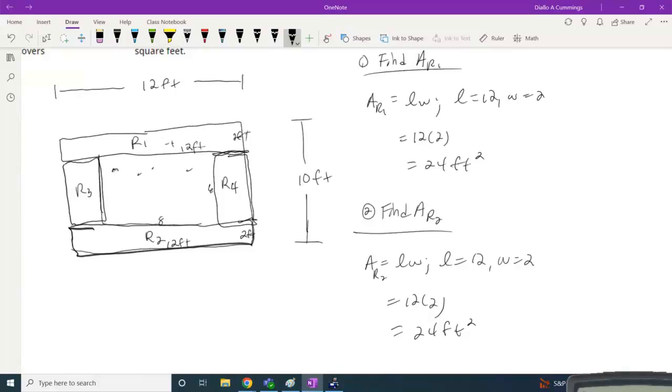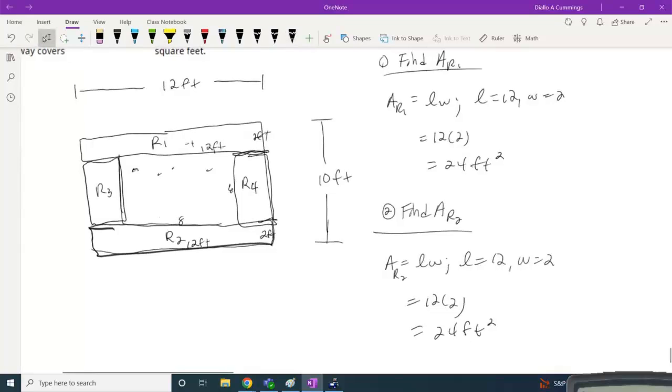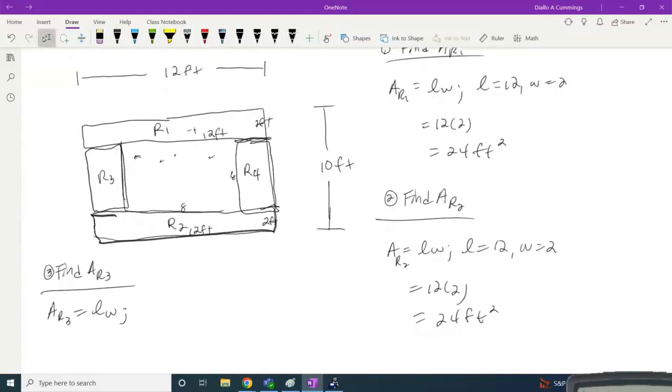Now I'm going to find the area of rectangle 3. The area of rectangle 3 is equal to the length times the width. I know that my length should be 2 and my height should be 6.